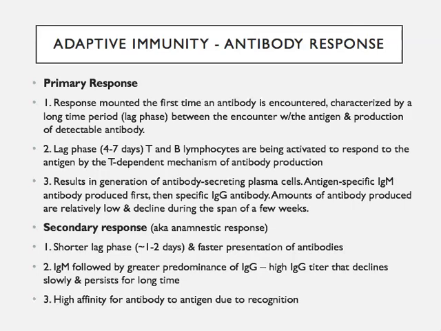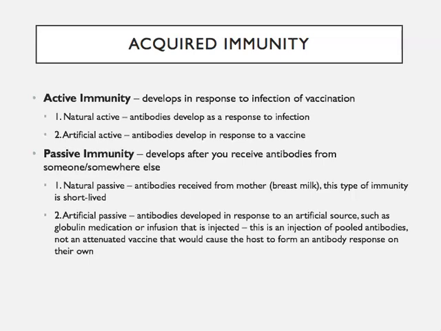They're going to decline during the span of a few weeks. But because we have different types of antibodies produced during the course of a disease state or an infection, we can measure those IgM and IgG antibodies to determine what stage of the infection a patient is in.